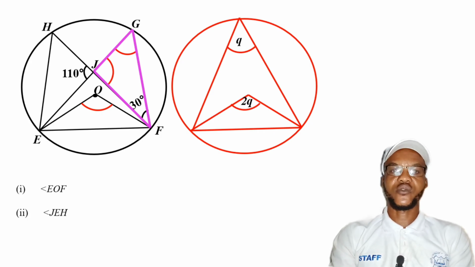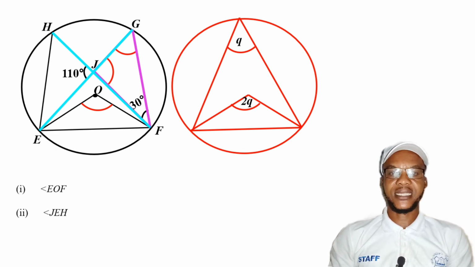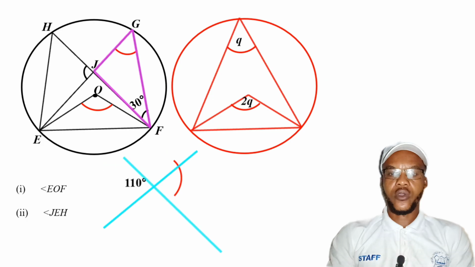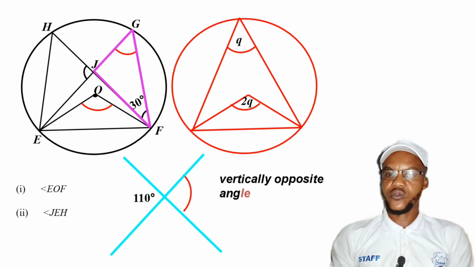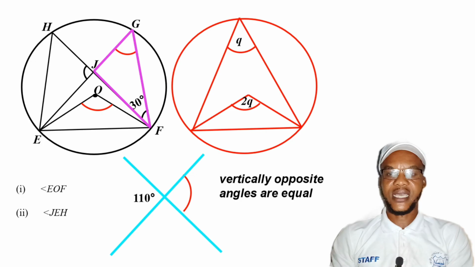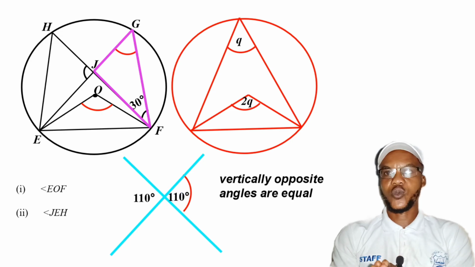If we go back to plane geometry 1, when we were doing angles, we said that when two lines intersect or cross each other, the angles formed are vertically opposite angles. And vertically opposite angles are equal. So if that opposite angle is 110, then the other side is also 110.